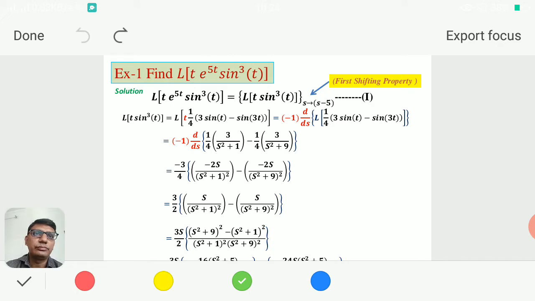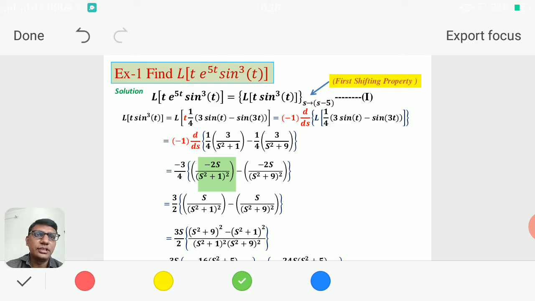We know the derivative of 1 upon x is minus 1 upon x square, so we get minus 1 upon s square plus 1 the whole square, and then we differentiate s square, which gives 2s. So finally we get minus 2s upon s square plus 1 the whole square, taking 3 by 4 outside.